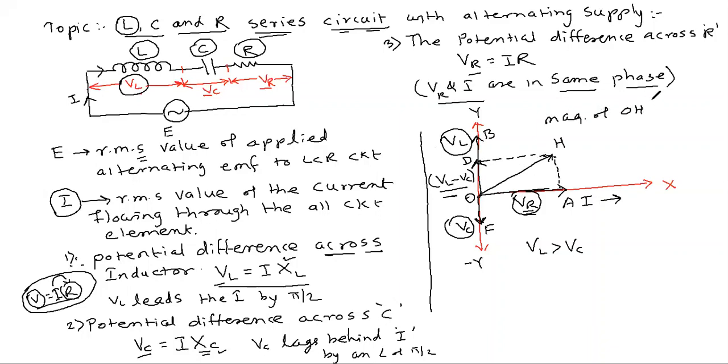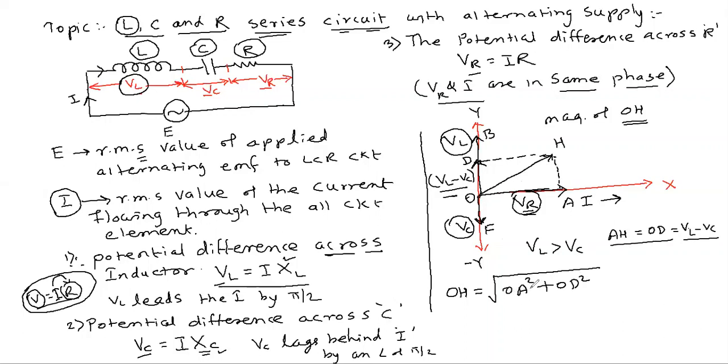you can easily find by using the Pythagoras theorem. So how will you get the value of OH here? OH square is equal to OA square plus AH square. AH is nothing but your OD. So ultimately I can write OA square plus OD square, since AH is equal to OD and its value is nothing but VL minus VC.